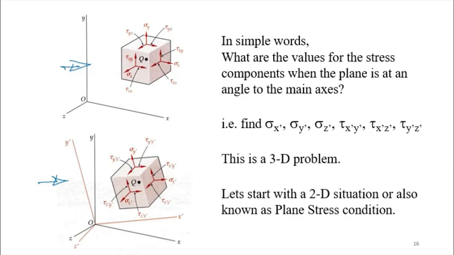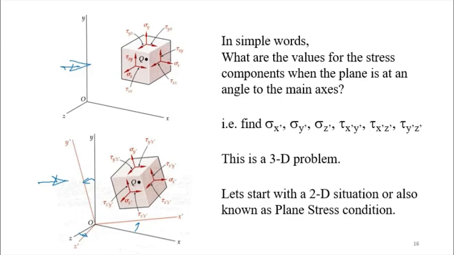So our problem then, we have two things that we want to find. Number one, if we know the direction of rotation, the angles that they rotate through, if we know these angles here, then we can determine what are the final values of the stresses. So in simple words, what are the values for the stress components when the plane is at an angle to the main or primary axis?